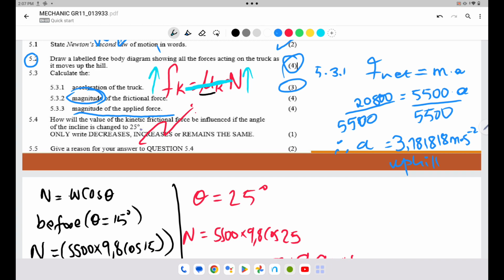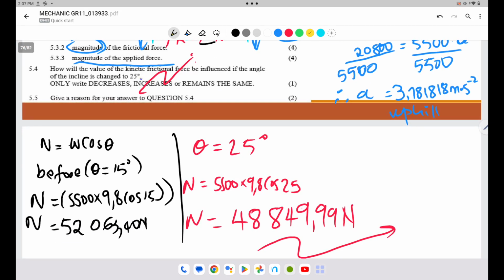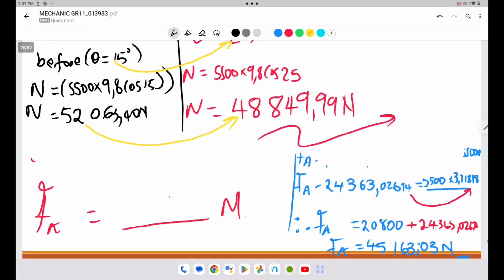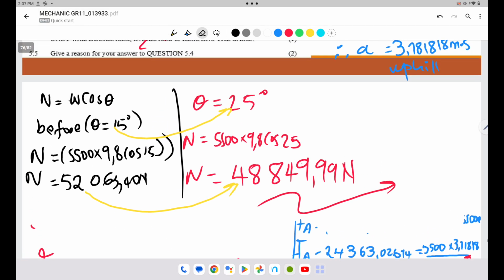The opposite is true. If the normal decreases, fk will decrease. So if we look at the result from an angle of 15 to an angle of 25, the normal was this, now it's that. It means the normal has decreased. What will happen to fk? It means that fk will decrease as well.